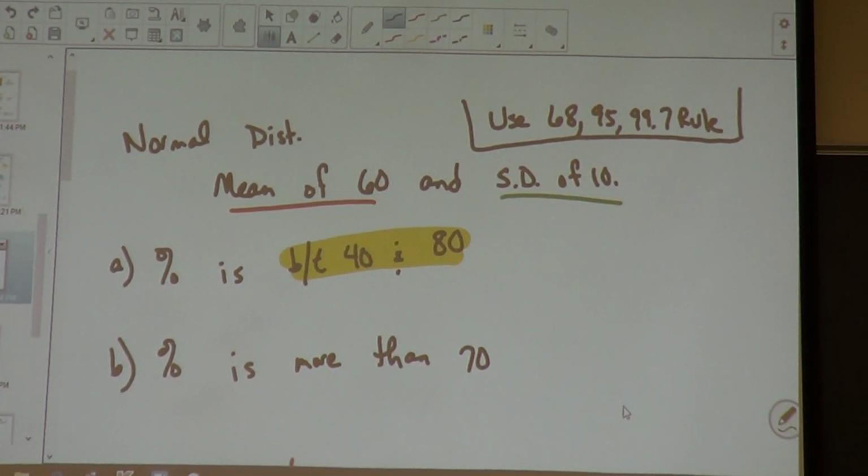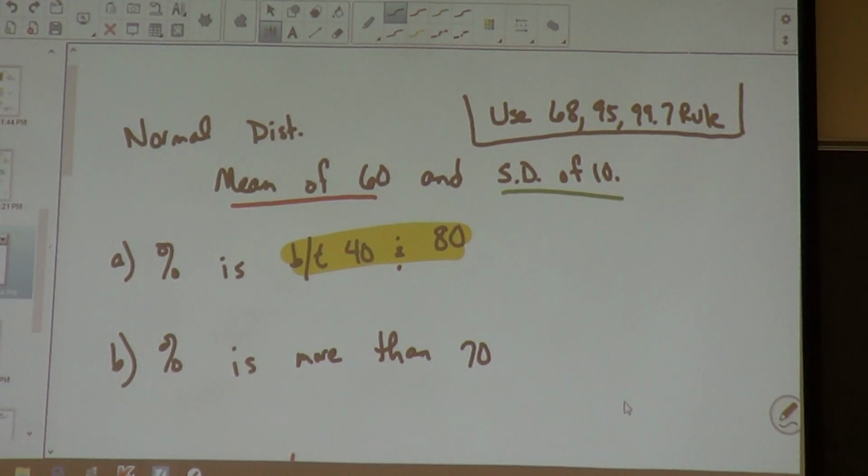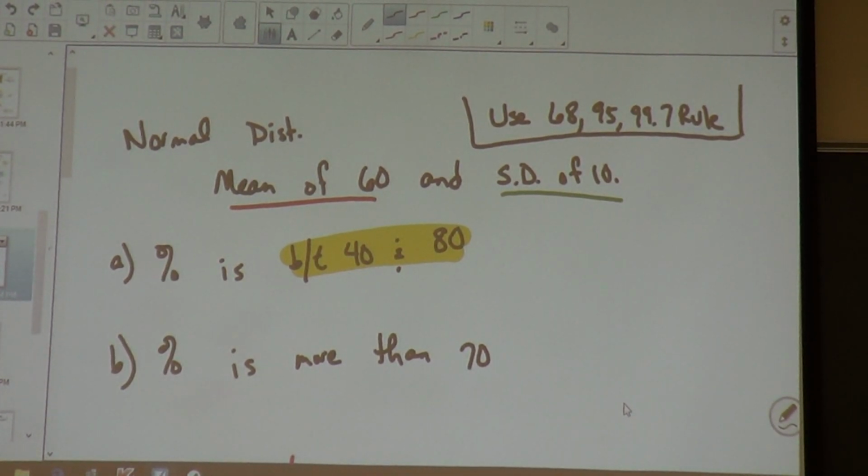It is a normal distribution with a mean of 60 and a standard deviation of 10. I want to know the percentage under the curve if the shaded region is between 40 and 80. And I want to know the percentage if the area is more than 70. You can do both of those. That second one's not hard. Easy breezy.